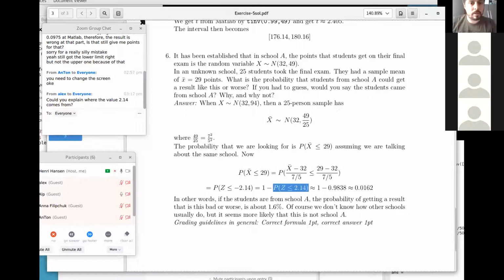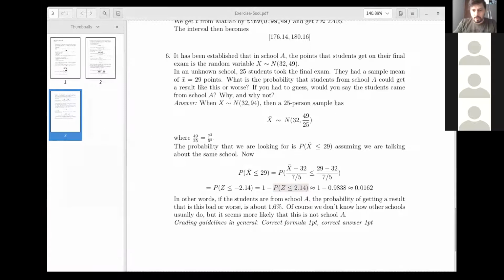Where does the value 2.19 come from? Well, 2.19 comes from 29 minus 32, divided by 7/5.